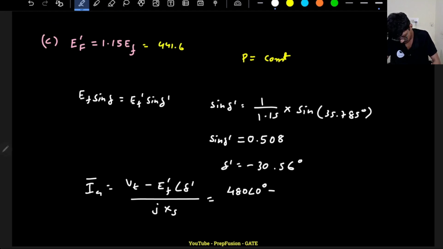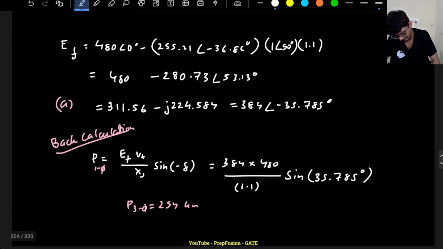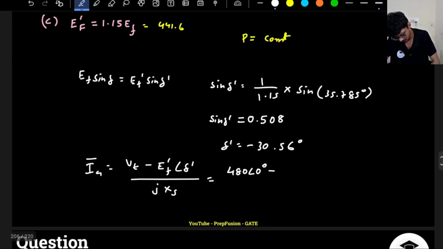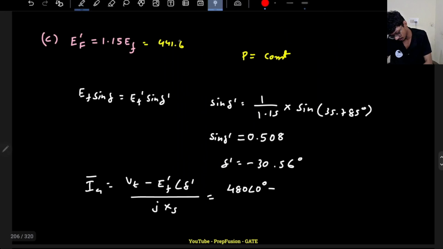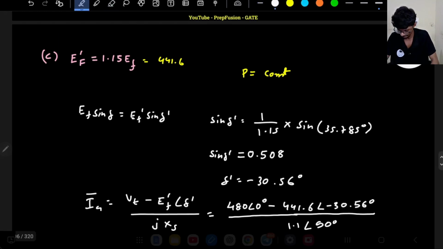The new EF dash is basically 441.6 angle minus 30.56 degrees, divided by jXS. XS is 1.1 angle 90.